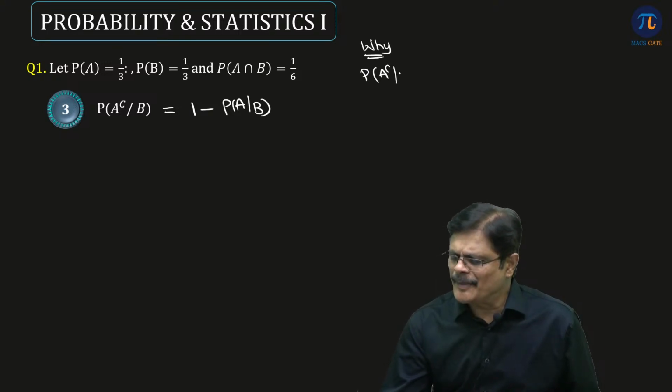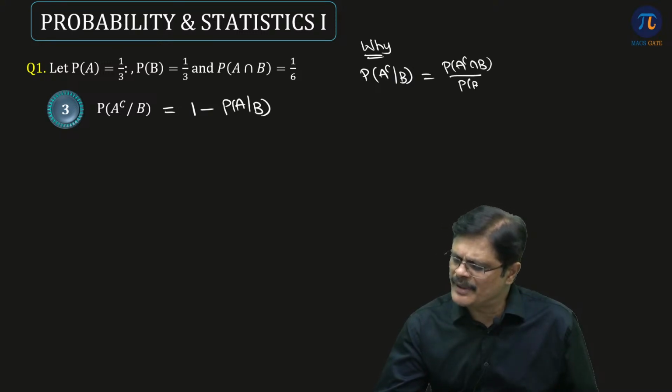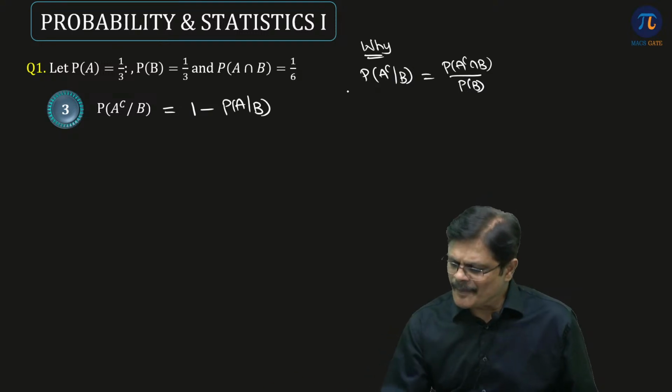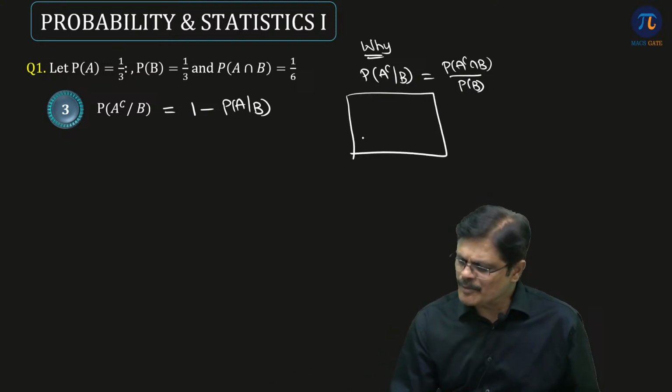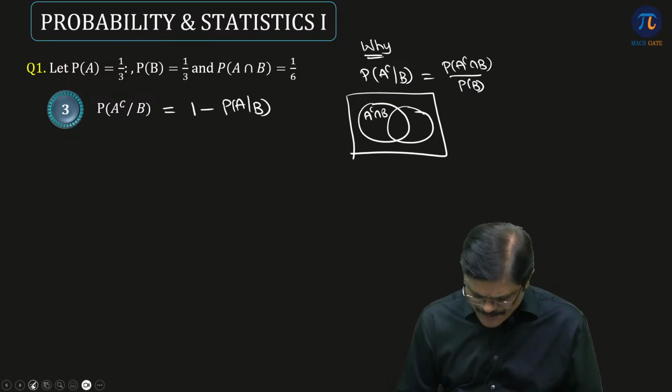Probability of A complement given B means probability of A complement intersection B by probability of B. And what is A complement intersection B? Suppose this is the event A, this is the event B. This part we call A complement intersection B.